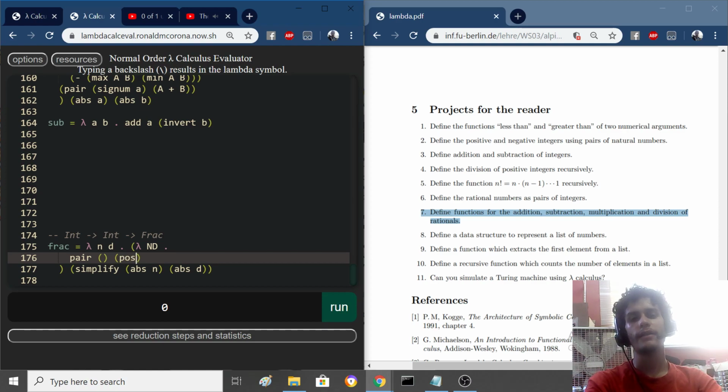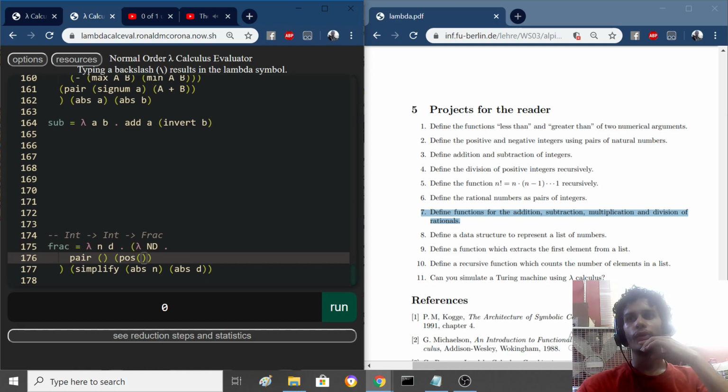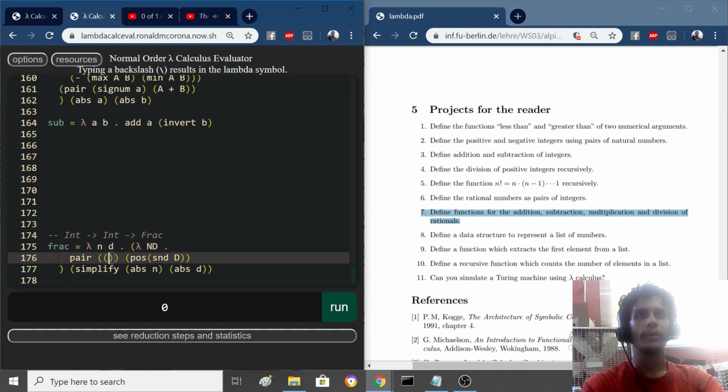This nd is going to be natural numbers, the natural number numerator and denominator. The second of that is going to be the denominator, and the first of it is going to be plus or minus whatever the numerator is. So the numerator would be first nd.